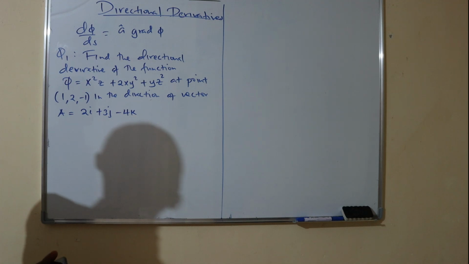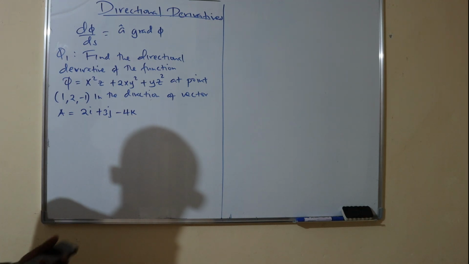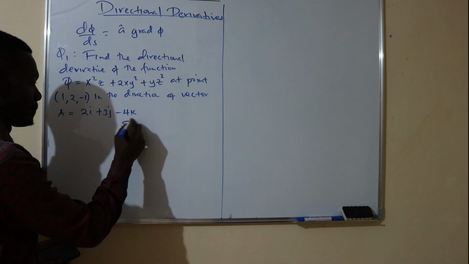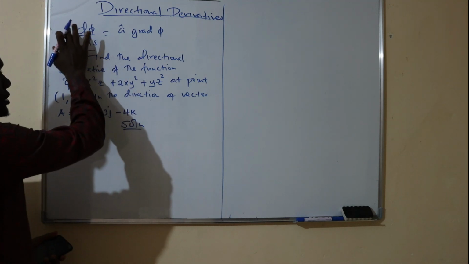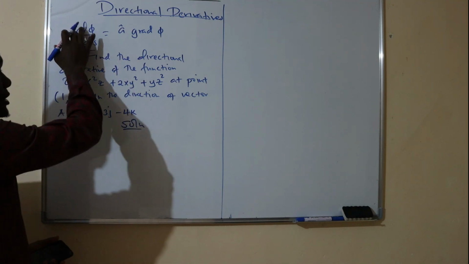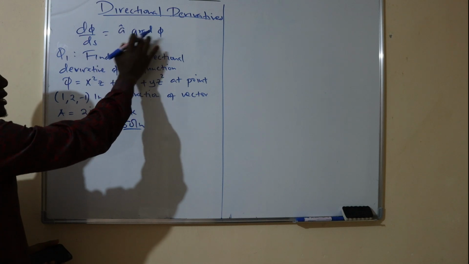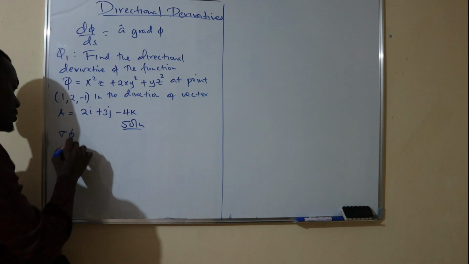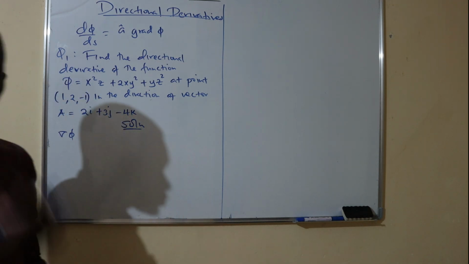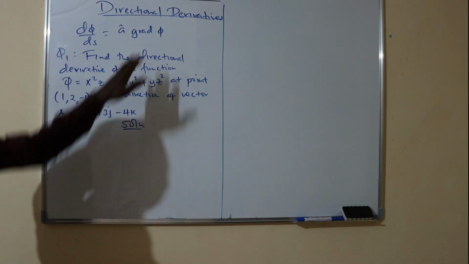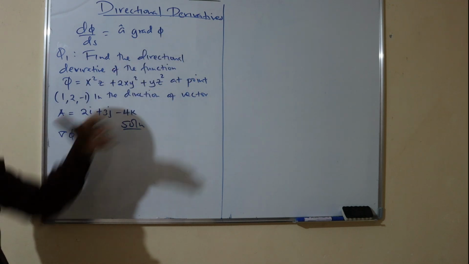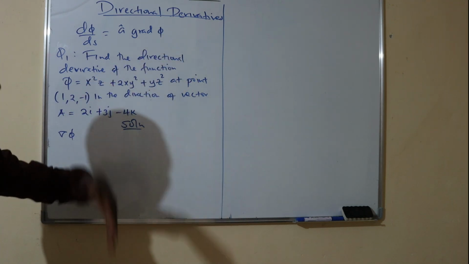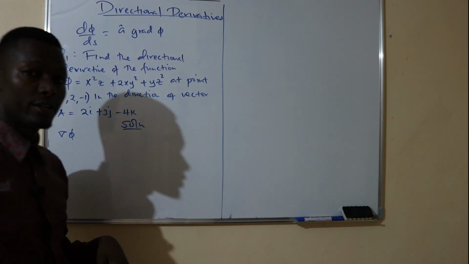So now we can just work it out. Solution. Since the directional derivative is given by d phi ds, which is a dot grad of phi, we can get the grad of phi. Remember, if you have not checked the video on gradient, the gradient question is given in the link in the description box.